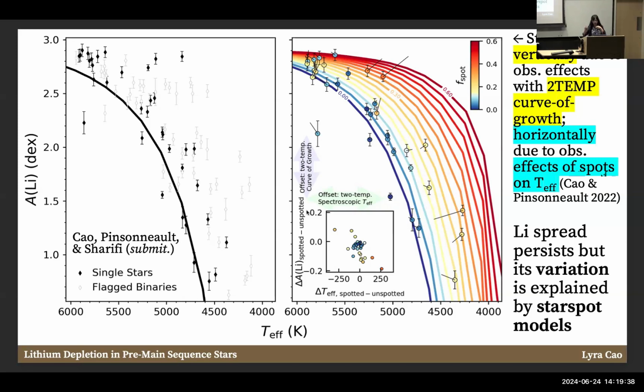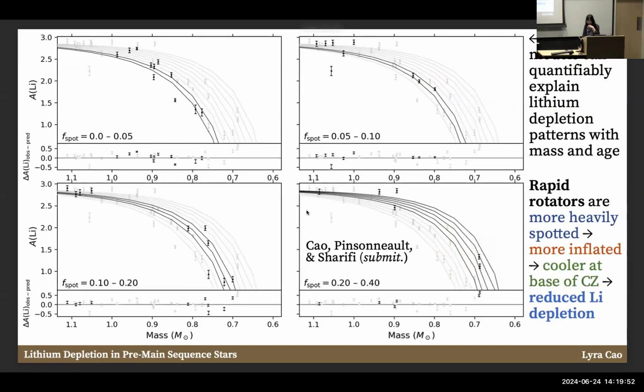So if you actually have two different temperatures on your stars, due to the spot component and the ambient component, fitting a single temperature solution to it may not, in fact, give you the most accurate solution. And so we can actually now quantifiably test whether the lithium depletion patterns match between our theoretical models and our actual observations. This is what you can do now with the LEOPARD catalog.